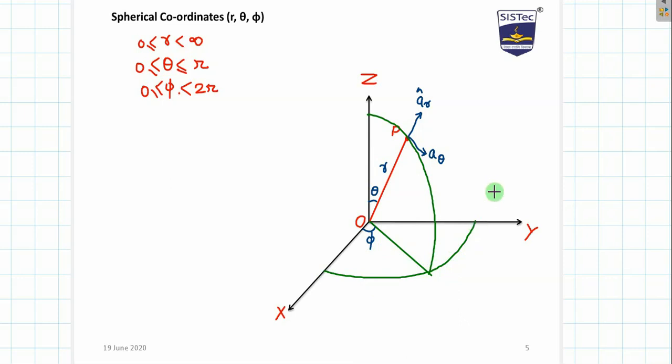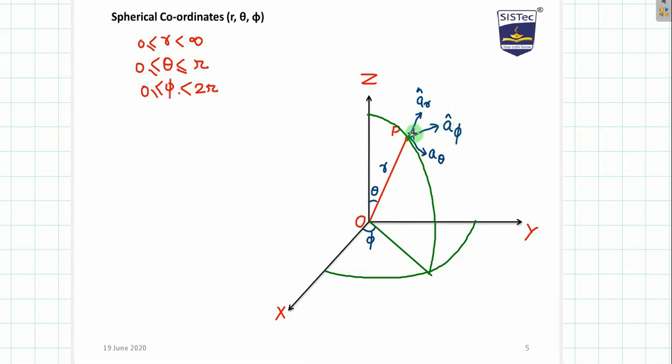We will make a vector parallel to the tangent of this curve at this point P, and it will be in this direction, and this is your A phi.